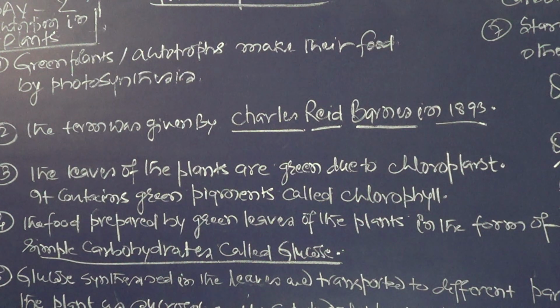The term photo means light and synthesis means build. Thus photosynthesis means build by using light. The leaves of the plants are green due to the presence of chloroplasts.